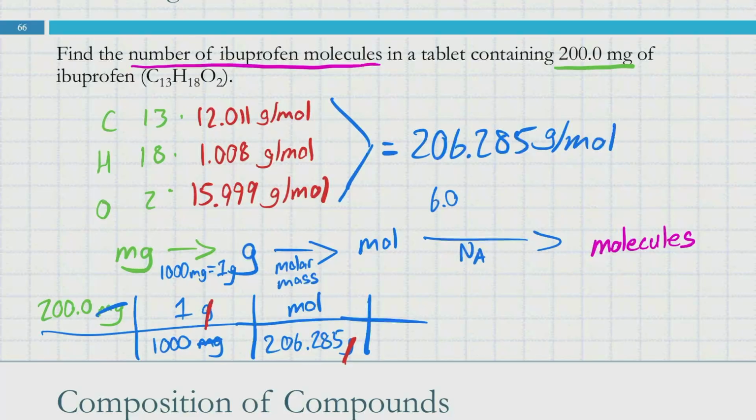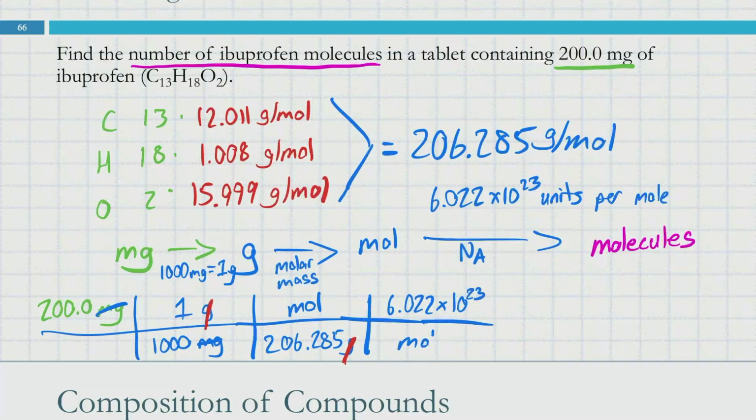Avogadro's number, 6.022 times 10 to the 23 units per mole. The per mole means that the moles would go on the bottom. We're going to multiply. There's also like a logical way that you could figure out that we're multiplying by Avogadro's number. You can't have less than one molecule of something, so it would have to multiply so that we have a big number instead of an extremely tiny number. The unit here is going to be molecules.